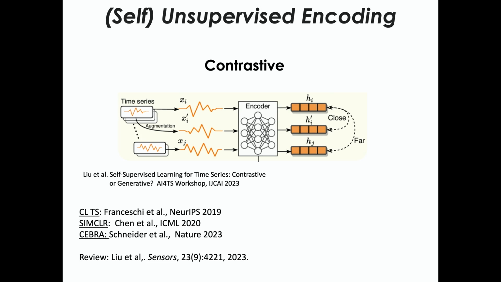The first that I wanted to mention, that is quite general, is contrastive learning. And this is an unsupervised encoding paradigm. And the idea, in terms of time series that one would consider, is to create positive and negative examples of the data that is recorded.